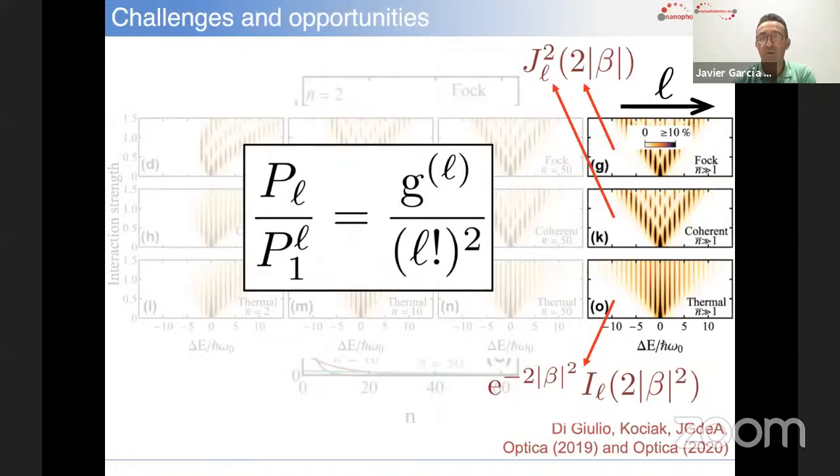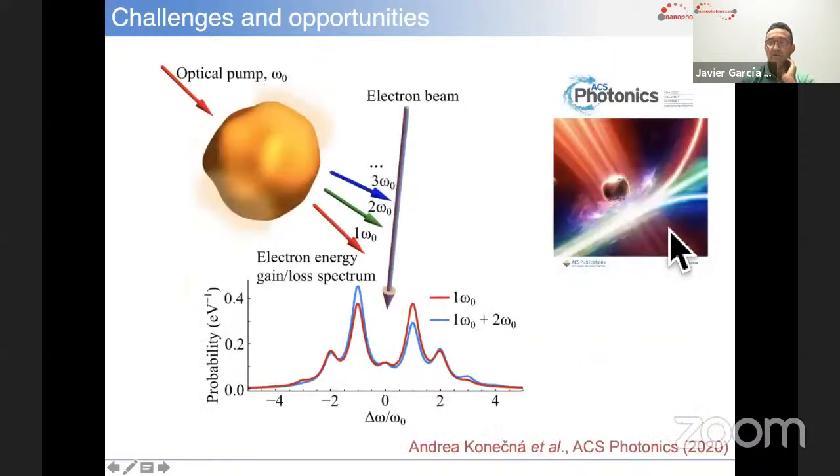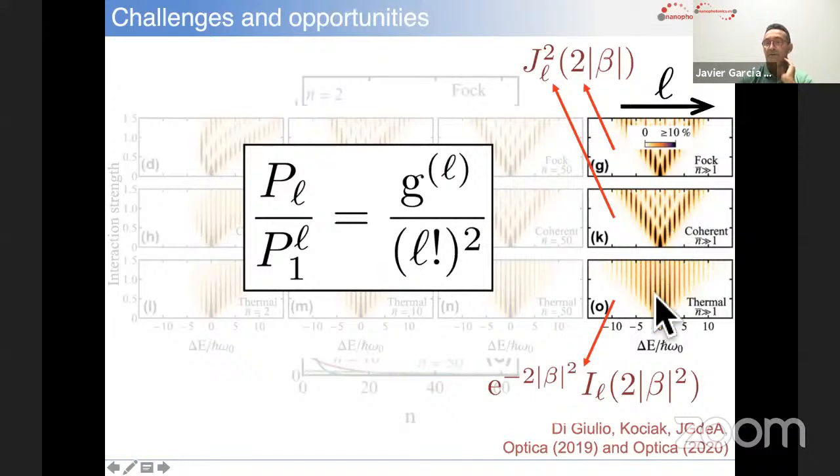So this is something that we predicted recently, that due to this spin interaction, if instead of using coherent light from a laser, you just have thermal light, for example, then these quantum billiard structures will look very different.